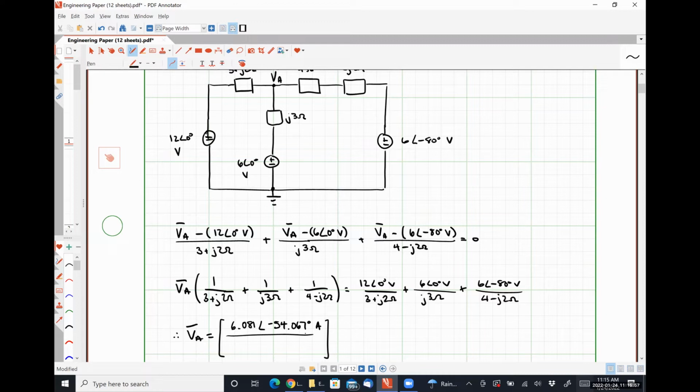1 over 3 plus 2i plus 1 over 3i plus 1 over 4 minus 2i, I'll save that as variable y.